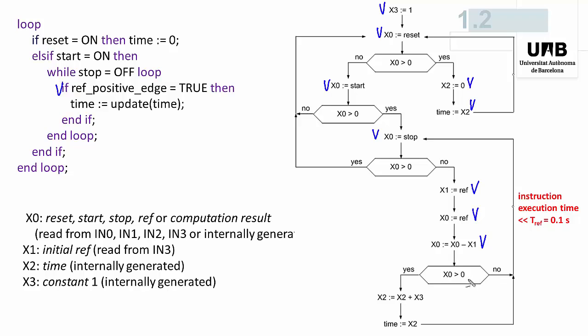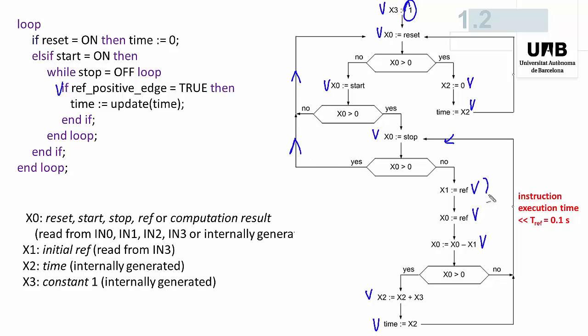In this case, when this difference is positive, we must update the time, adding the constant value 1 to the current value of the time, and transmit this value to the output port. And we go back to this instruction. In the other case, if the start signal was not equal to 1, then we go back to the beginning of the program, and the same if the stop signal is detected equal to 1.